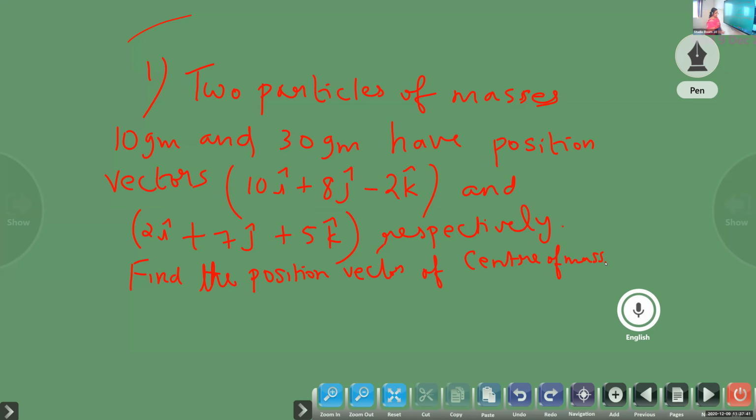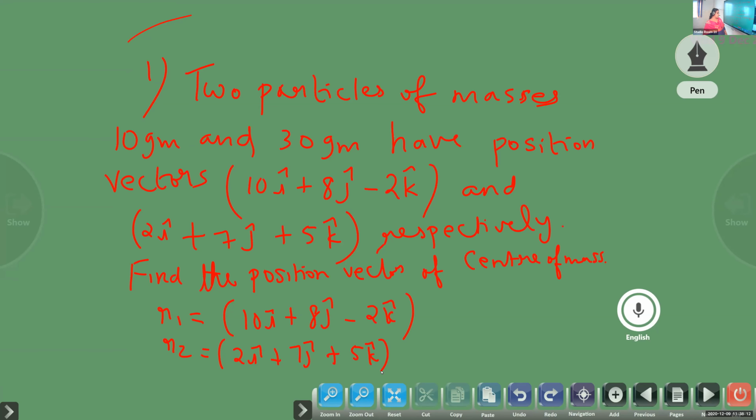Therefore we can write now R1 is equal to the first position vector, that is 10i plus 8j cap minus 2k cap, and R2 is equal to 2i plus 7j cap plus 5k cap.